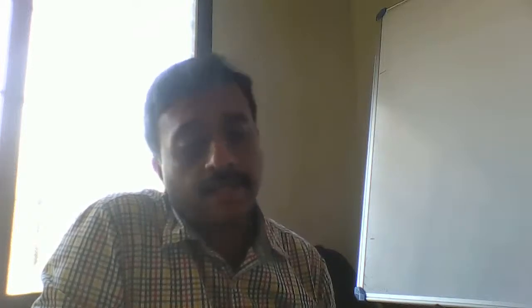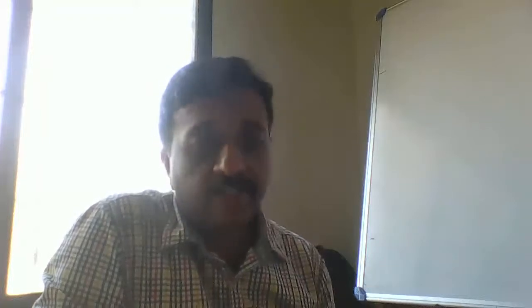Let's find that. The general formula is f of x is equal to a naught by 2 plus summation n is equal to 1 to infinity an cos n pi x by L. Now, L being pi, the pi gets cancelled, so you get only cos nx.